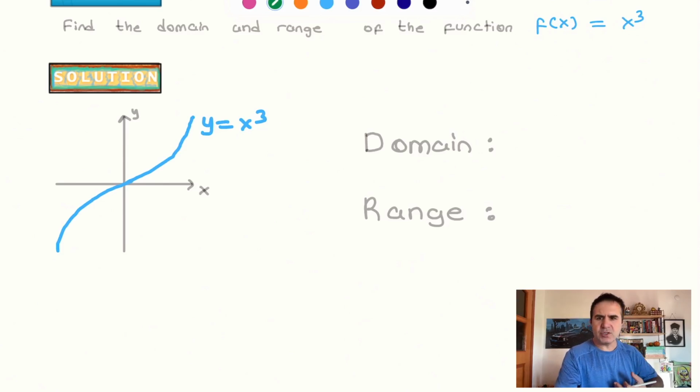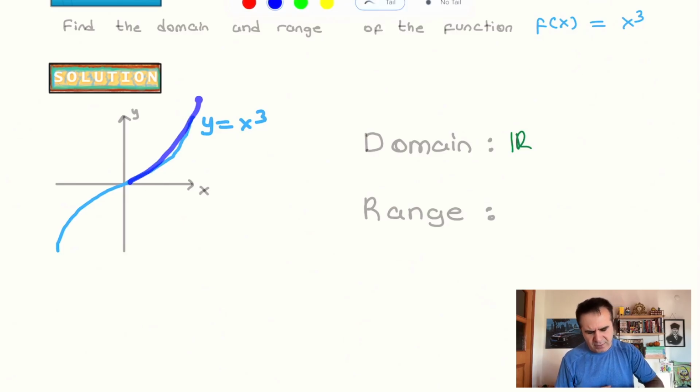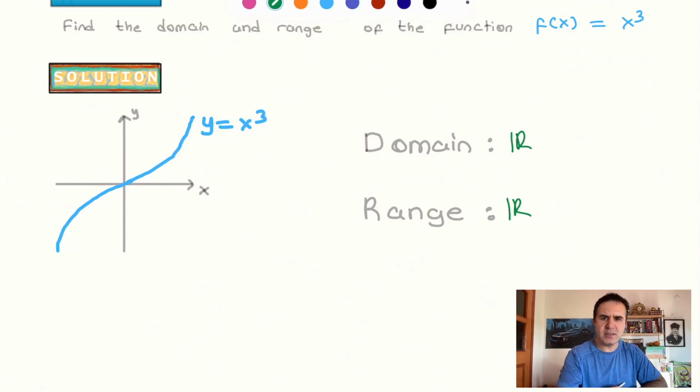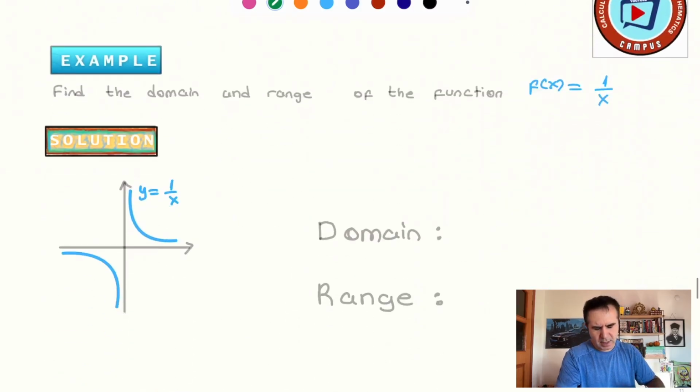And the range of y equals x cubed is all real numbers again, since the cubic function continues indefinitely in both positive and negative direction, and it can produce every real value as an output. So the range will be all real numbers.